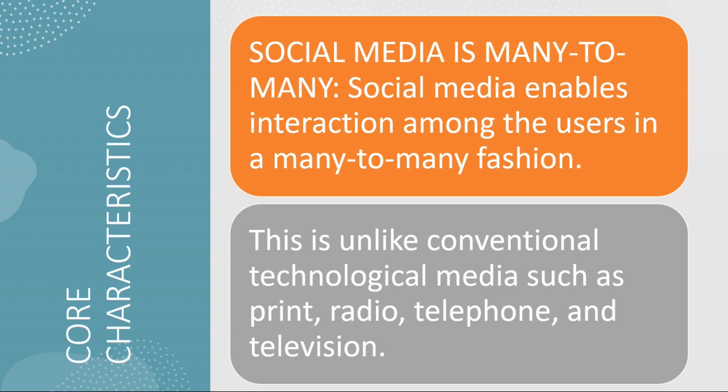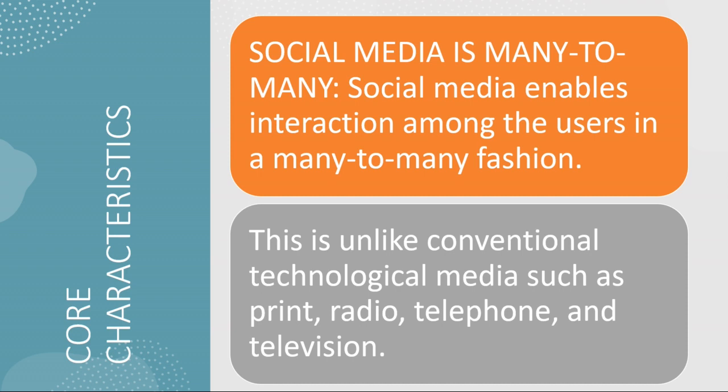Then comes the core characteristics of social media. First is the many-to-many relationships. So social media enables interaction among many users in a many-to-many fashion. That means many users can interact with each other. So it's not like our conventional technologies where we are only receiving the data. If we take print media, or we see the radio, telephone and television, they are broadcasting.